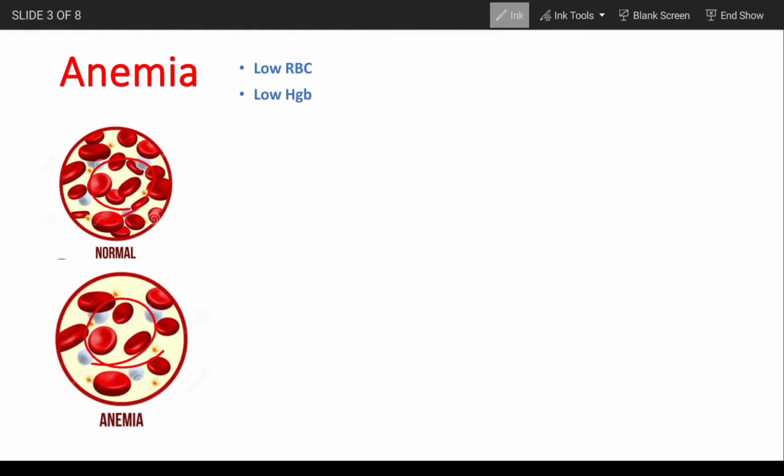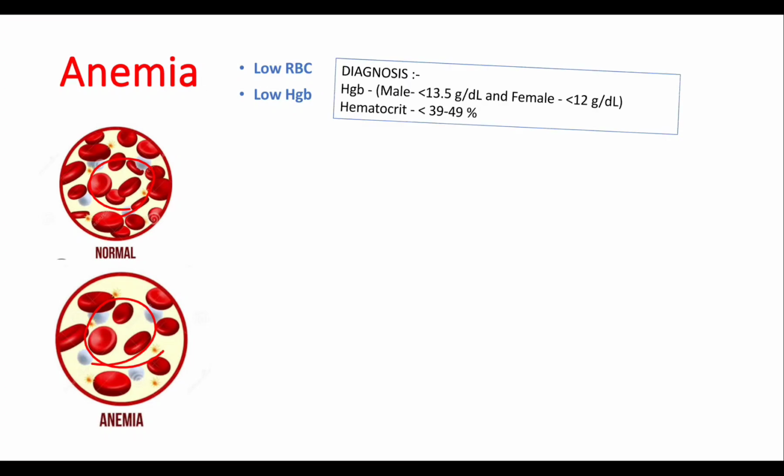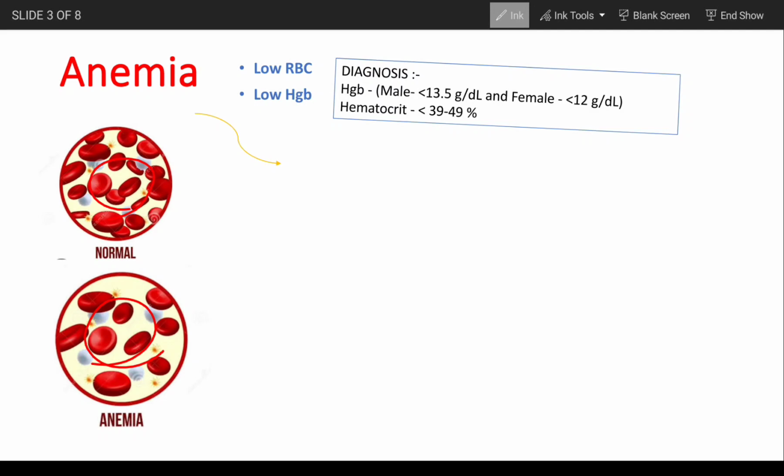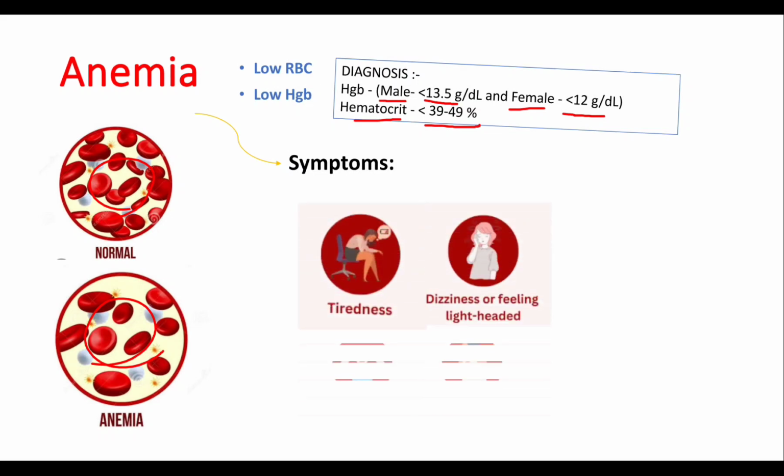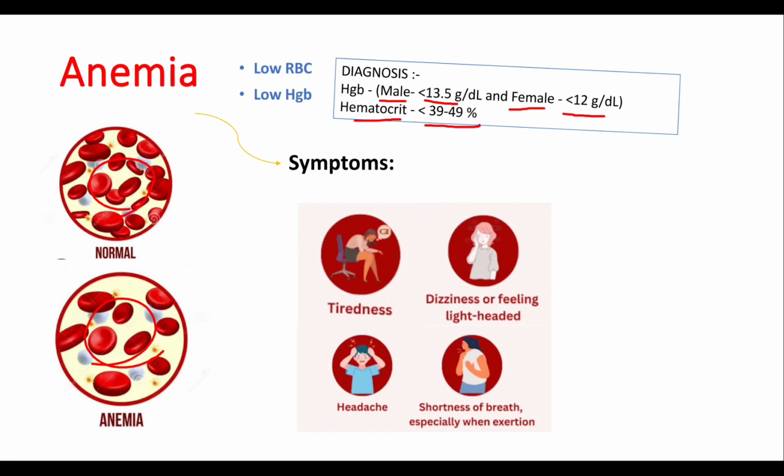By performing a complete blood count, if we diagnose the patient with hemoglobin levels of less than 13.5 gram per deciliter in males and less than 12 gram per deciliter in females, and a hematocrit value of less than 39 to 49%, then we term it as anemia. Next, the symptoms associated with anemia are tiredness, dizziness or feeling lightheaded, headache, and shortness of breath, especially on exertion.